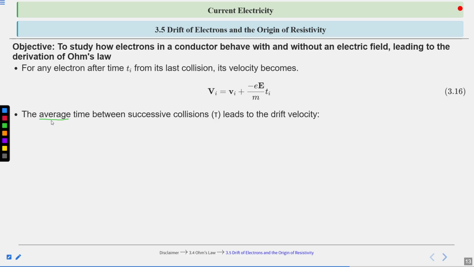So we take the average of all the times between two successive collisions, which is also known as relaxation time. The average time between successive collisions, also known as relaxation time, is represented by the tau sign, the same symbol that is used for torque. It leads to the drift velocity.